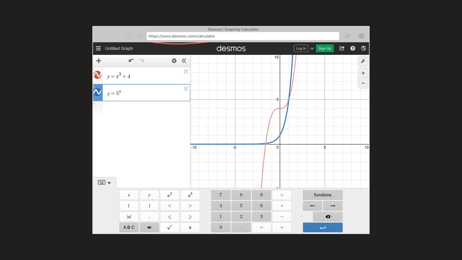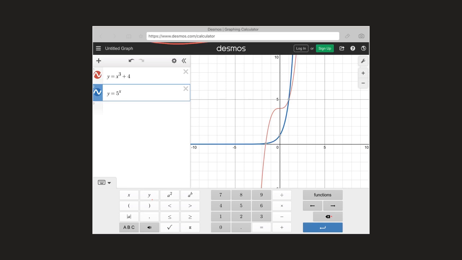Now, as soon as we start to put multiple curves on, it may get a little confusing to tell them all apart. I want everyone to take a look up to the top right corner, and you'll see that little wrench. That wrench is our tool, and it's going to take us to a menu.